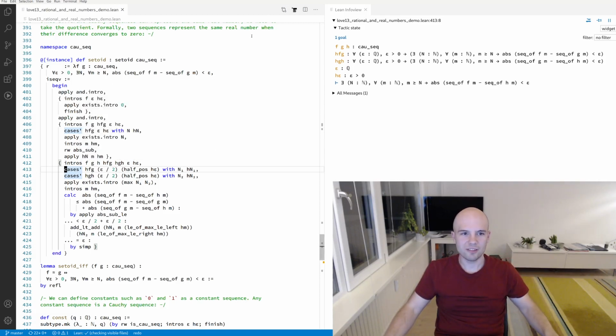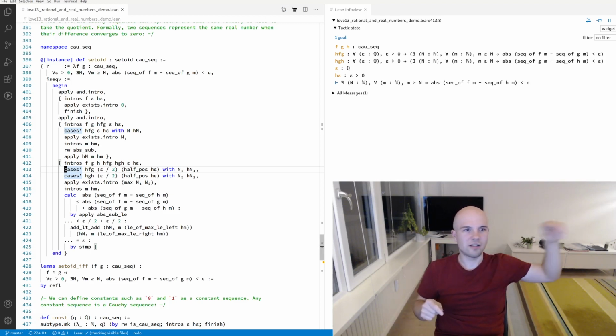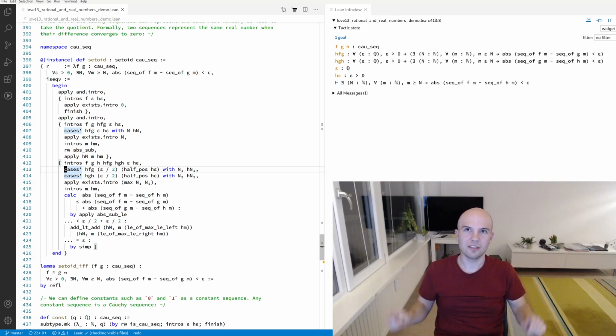We want to show transitivity, which means we know that the difference between the first two sequences converges against 0, and the difference between the second and the third sequence converges against 0. And now we need to show that the difference between the first and the third sequence converges against 0.